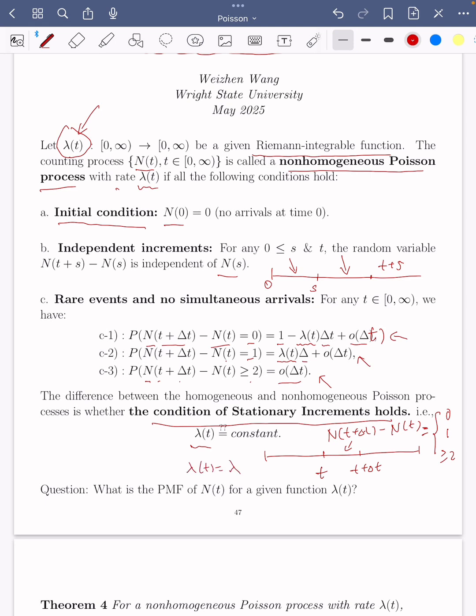But if this condition is not true anymore, then we have the non-homogeneous Poisson process. The question still remains the same: we want to derive the probability mass function for N_t for any given Riemann integrable function lambda t.